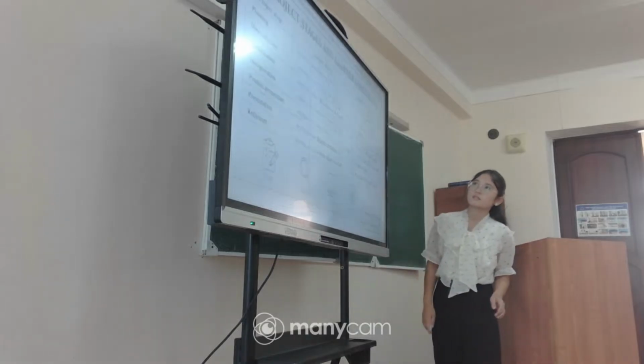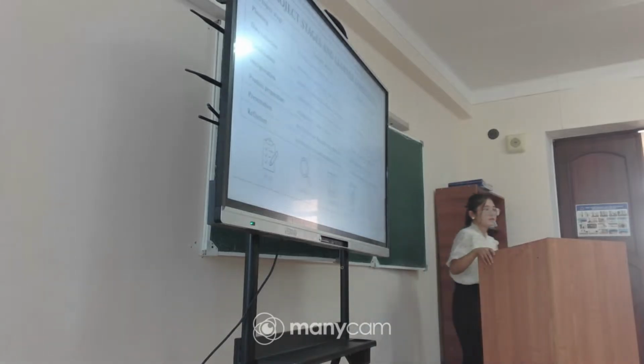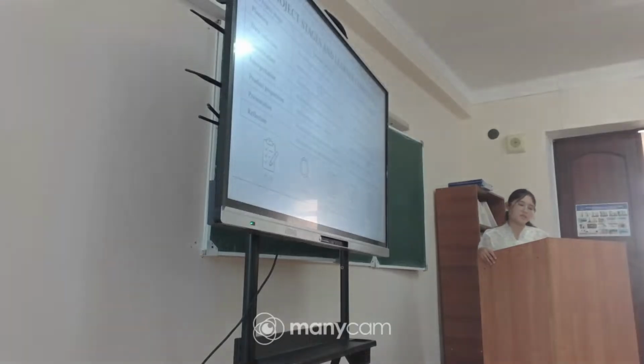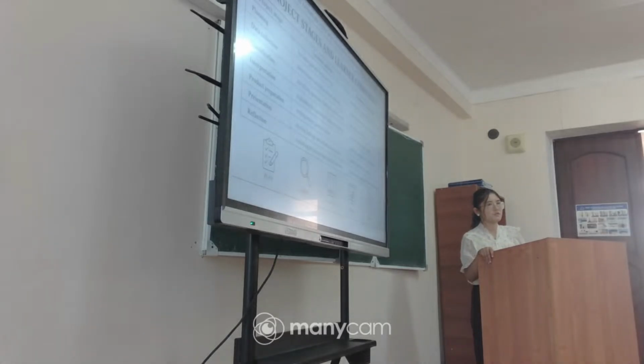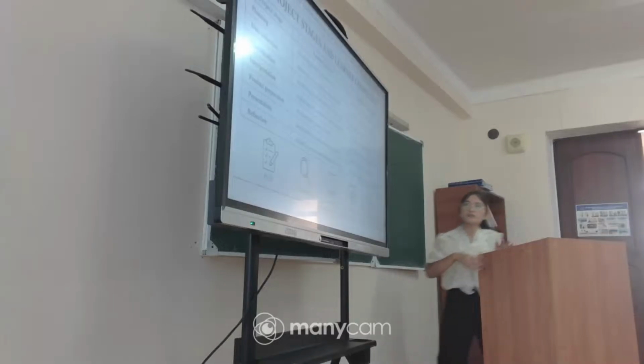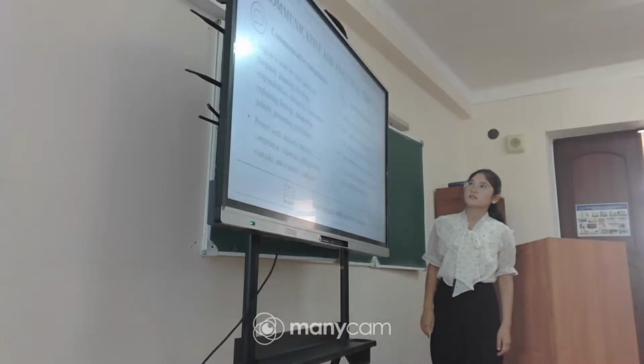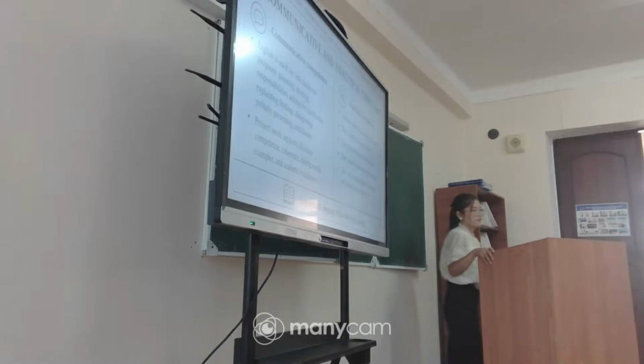Next one is this slide, which shows the project steps from planning and collecting data to the final presentation and the reflection. Throughout these stages, students actively study and break down classroom communication. Communicative and analytical competence.